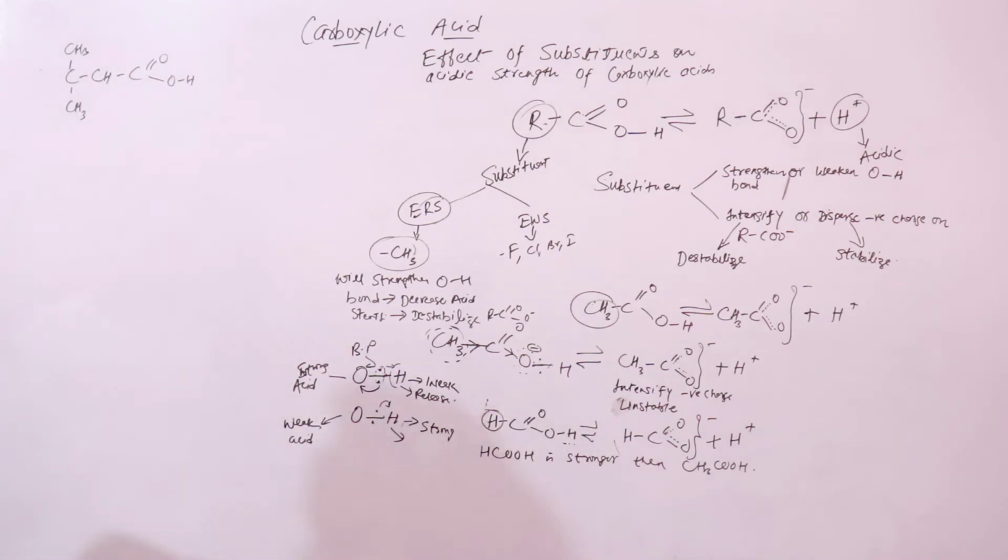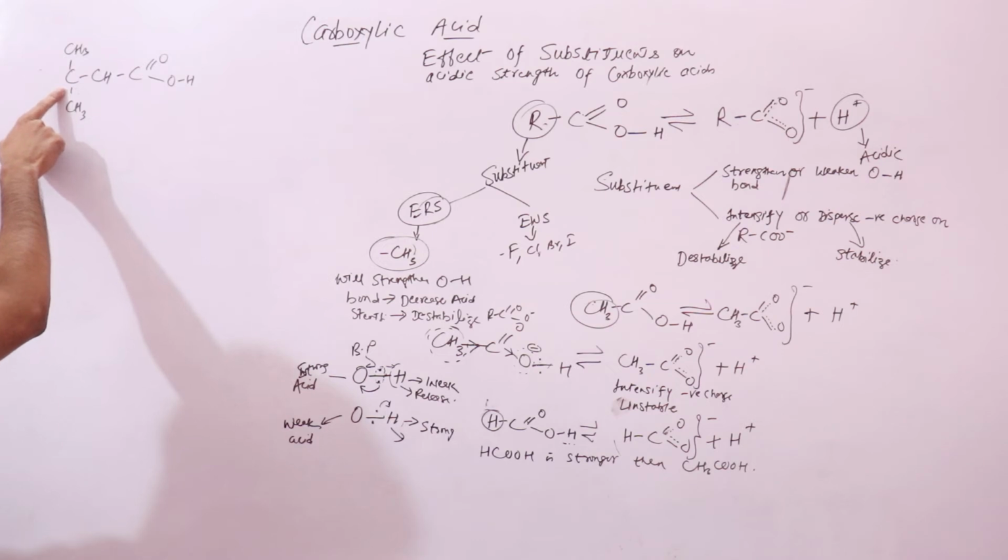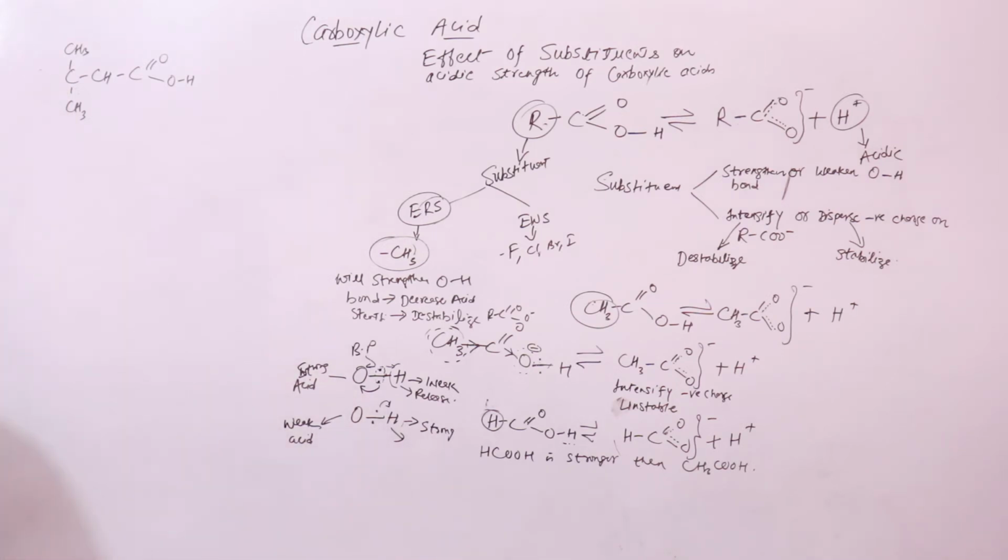In this case, when you have two methyl groups, both the methyl groups are electron releasing, right? Since both these methyl groups are electron releasing, it will intensify the negative charge more compared to acetic acid, right? I hope this is clear.